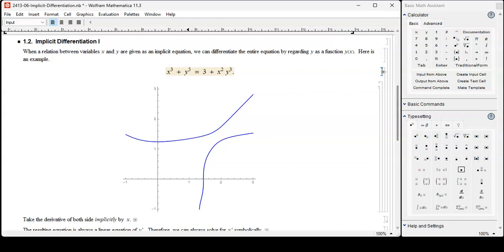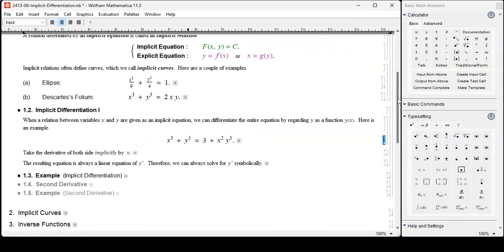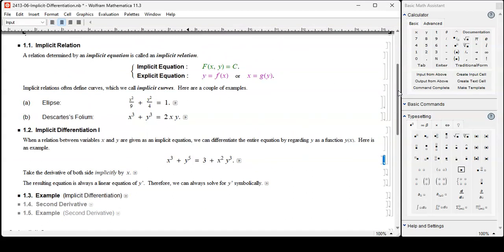So yes, one relation defining multiple curves, that's commonplace for implicit equations. Consequently, the calculus technique that applies for implicit equations will be a little bit more complicated and a little bit harder than the kind of techniques that we have been applying so far. They're all for explicit equations.